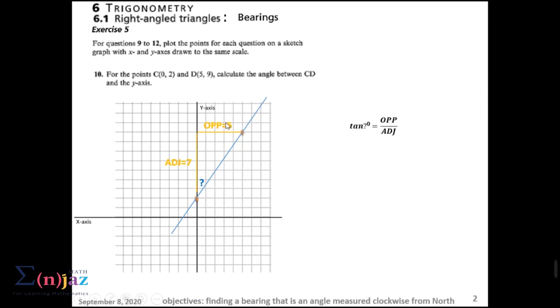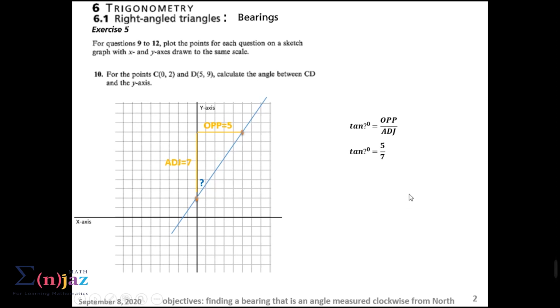Since the opposite and the adjacent are the known sides, then tan of the unknown angle is equal to opposite over adjacent. Let's substitute. Tan of the unknown angle is equal to 5 over 7.